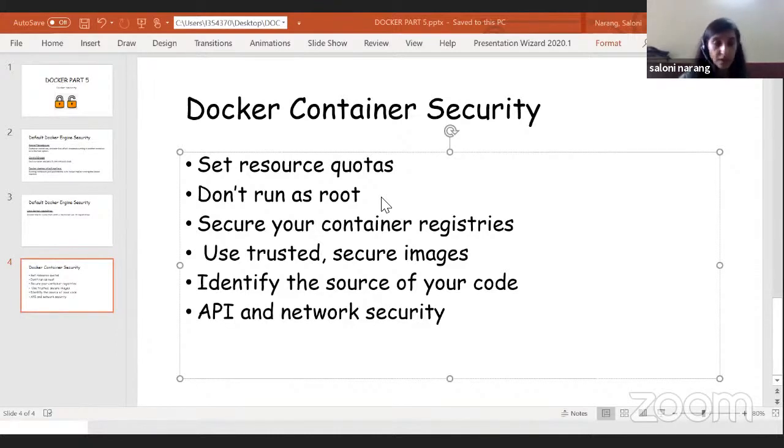Now, coming to the fifth point, identify the source of your code. Please keep in mind that Docker images typically contain a mixture of original code and packages from upstream sources.